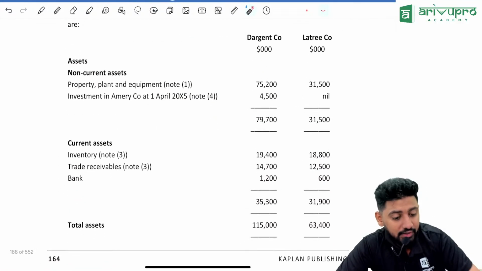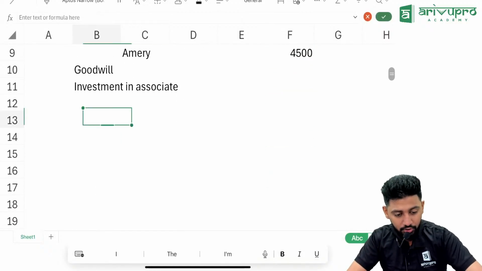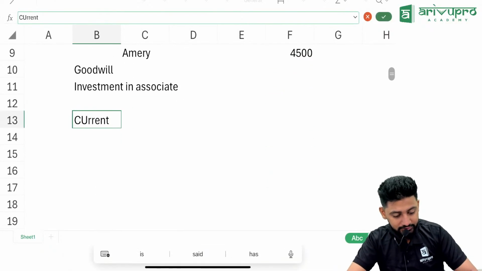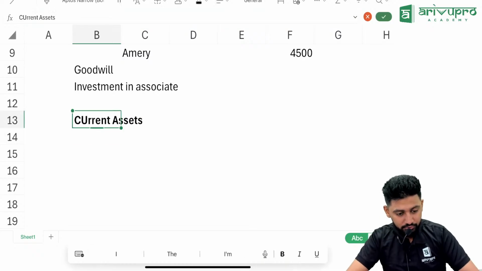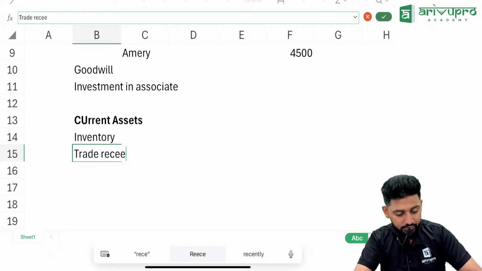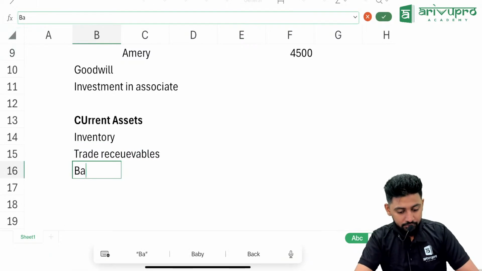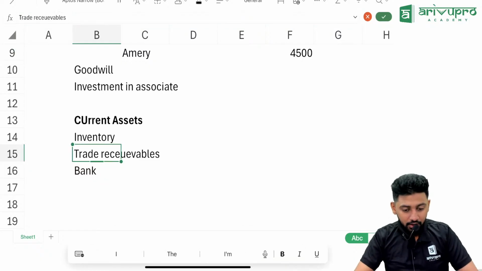Let me go further. Current assets: inventory, trade receivables, and bank. How much is my inventory?